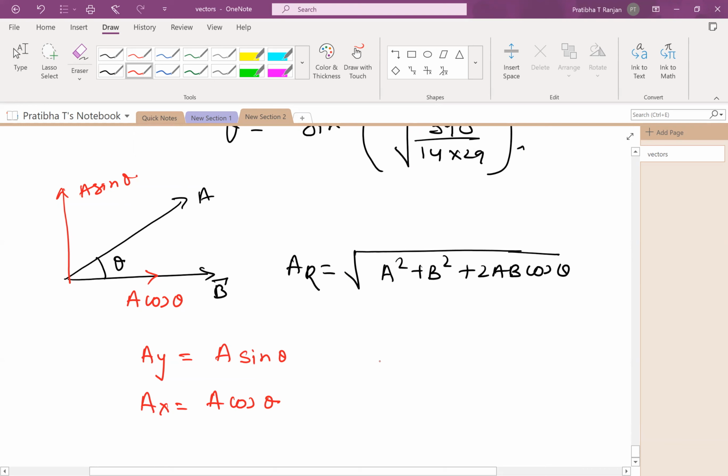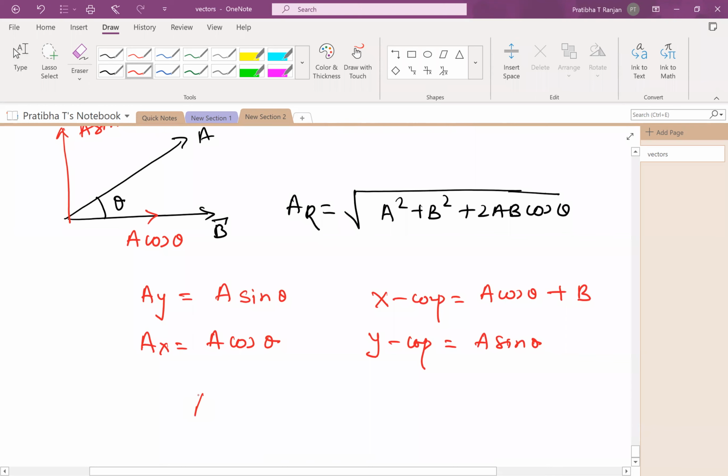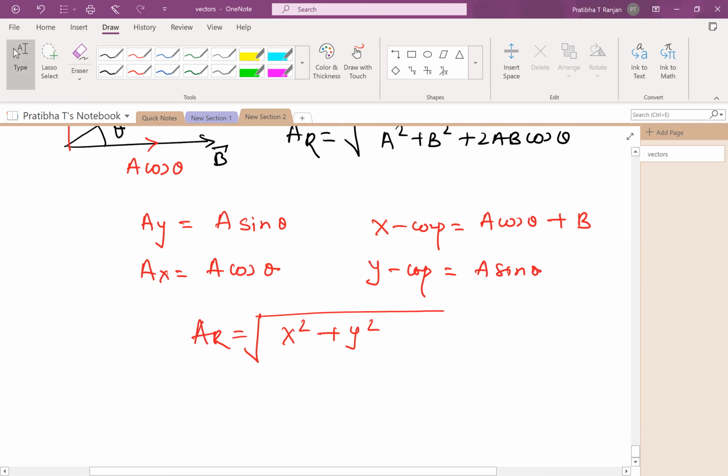So the total x component will be a cos theta plus vector b, and the y component is only a sin theta. The resultant is always the square root of x component squared plus y component squared.